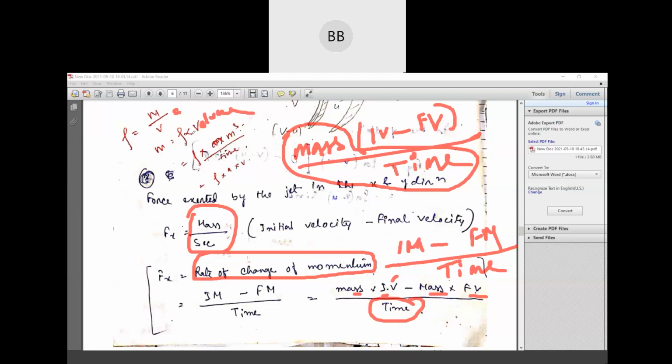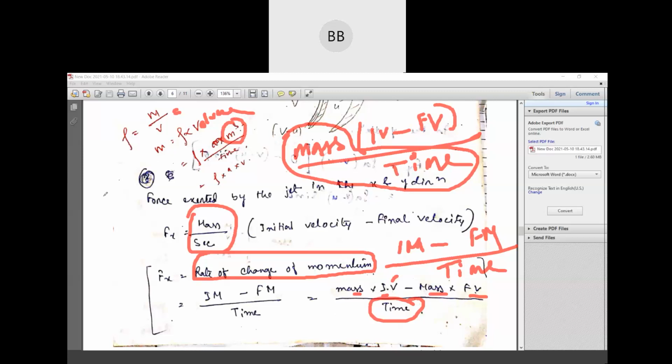Density multiplied by volume. Density equal to mass per volume, so mass is equal to density into volume. What is the unit of volume? Meter cube. So what we have here is mass per time.